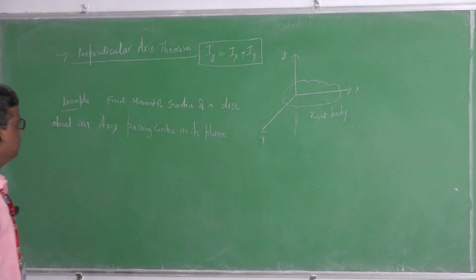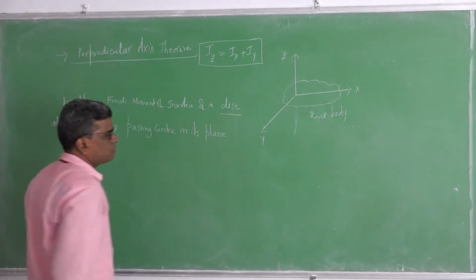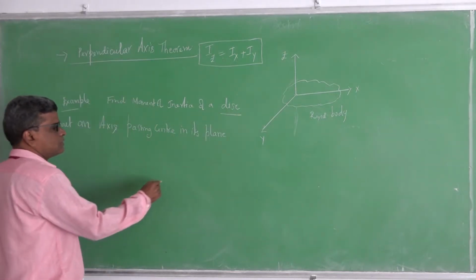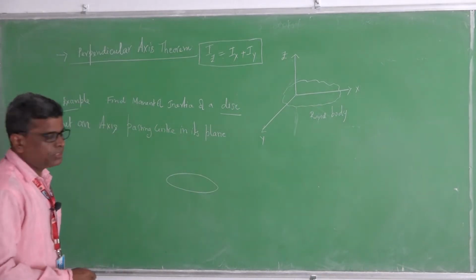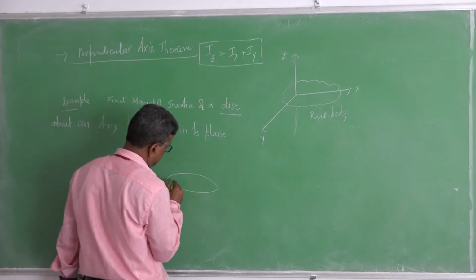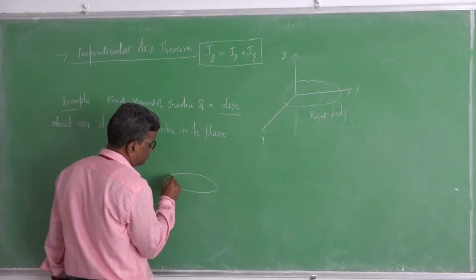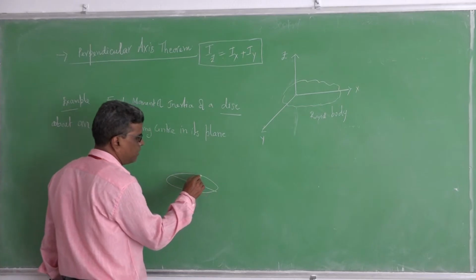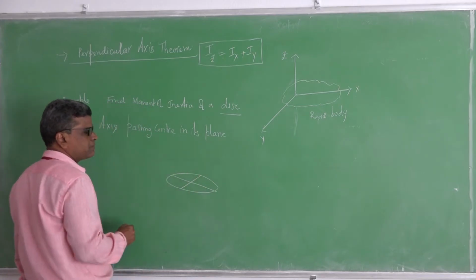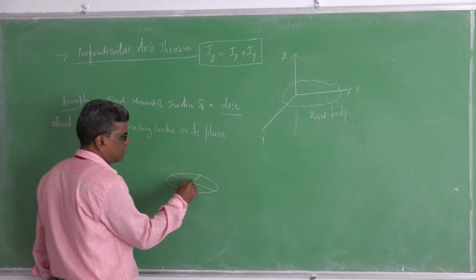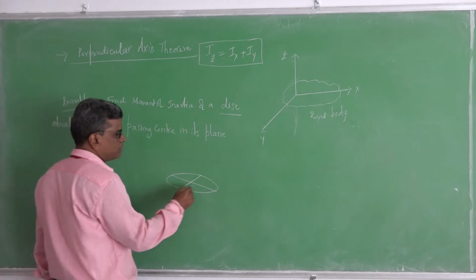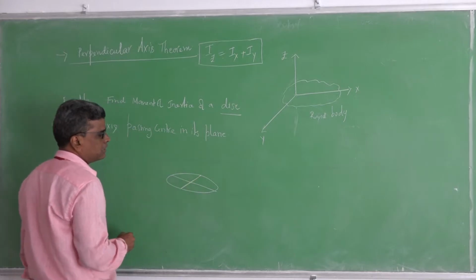The disc has two symmetrical axes, so I choose two axes perpendicular to each other in its plane. These are two diameters passing through the center.